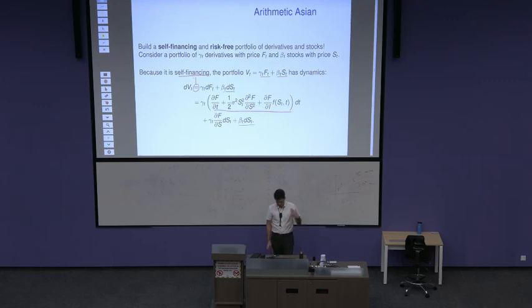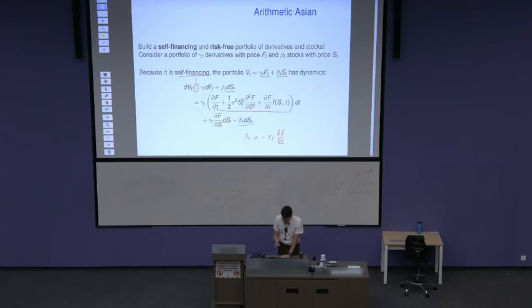And the typical argument now is to choose beta_t in such a way that we eliminate all randomness. So this means we need to choose beta_t to be minus gamma_t times the delta. The delta is the partial derivative of f with respect to S. And then we see that the dS_t terms cancel out, and we only have a dt term.